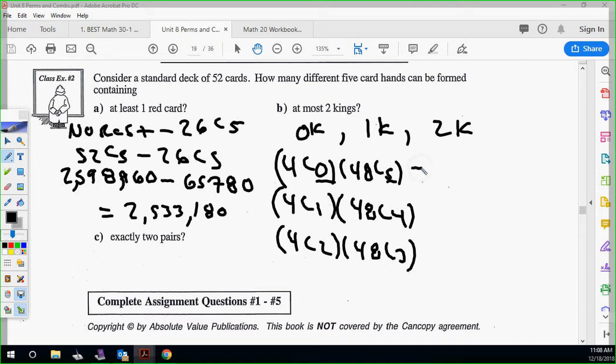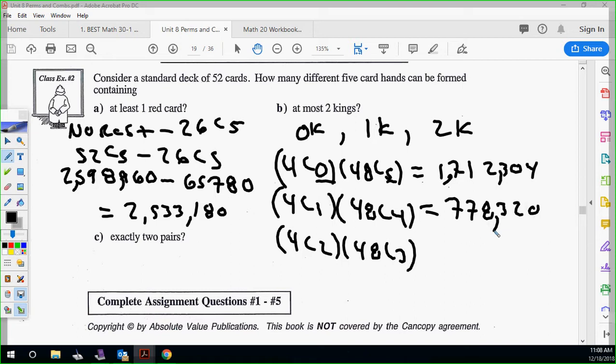Okay, so the first one is 1,712,304. Oops, I'm a comma off here, sorry. So it's 1.7 million. Okay. The second row is 778,320, so 778,000 ways to get 1 king.